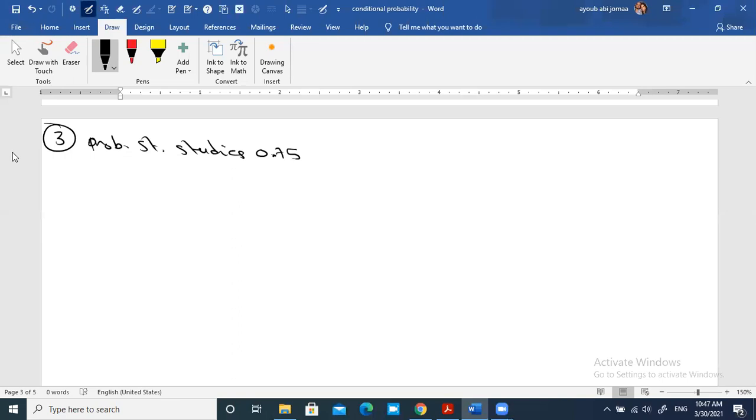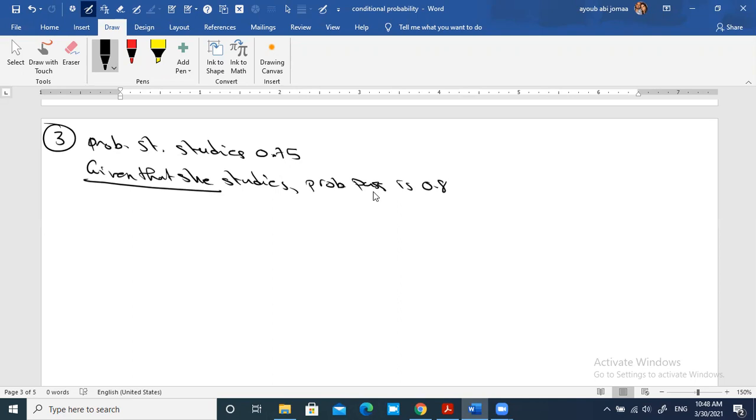Given that she studies, the probability that she will pass the exam is 0.8. Given that it is a condition, the conditional probability: if she studies, the probability that she passes is 0.8.